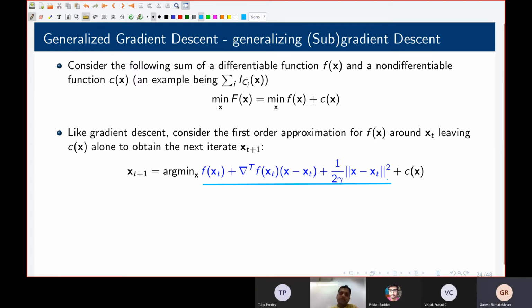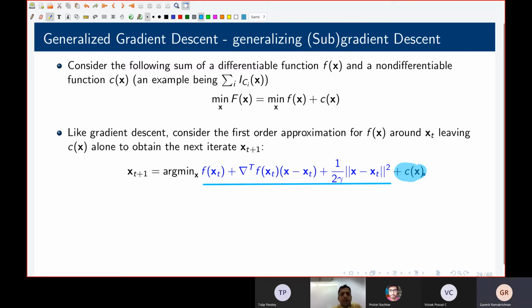But now what I'm going to do is, instead of just doing a gradient descent update on this part, I'll take the quadratic approximation. Onto that, I'll slap on my C(x) as well. Why? Because my function has now become simpler, right? And the moment I write a quadratic approximation, I mean that I'm doing a gradient descent implicitly.